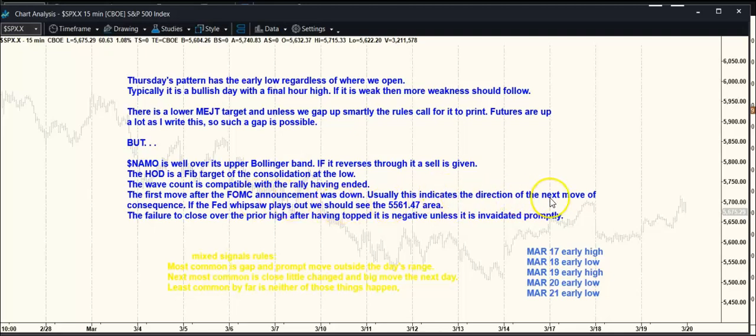Usually this indicates the direction of the next move of consequence, and if the Fed whipsaw plays out, we should trade around 55.6147. And the failure of the market to close over the prior high after having topped it is negative, unless it's invalidated promptly.